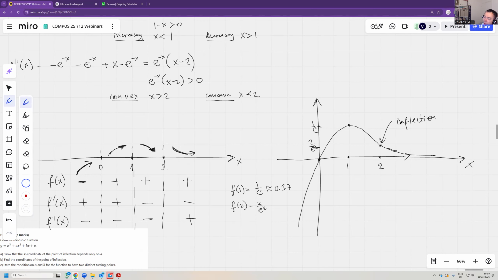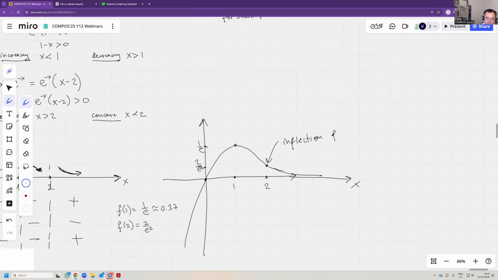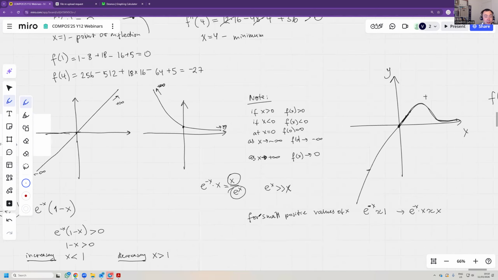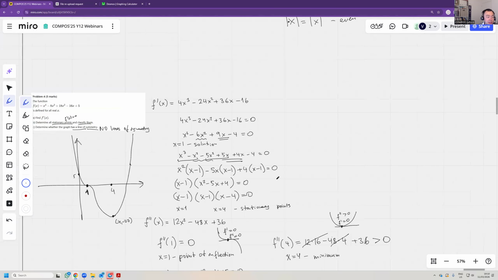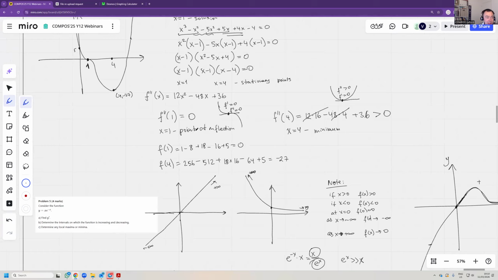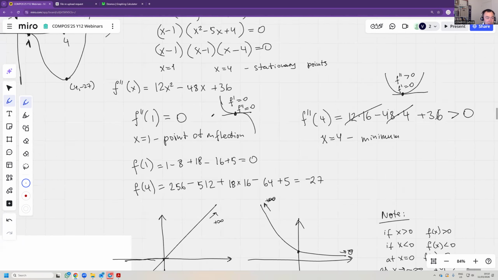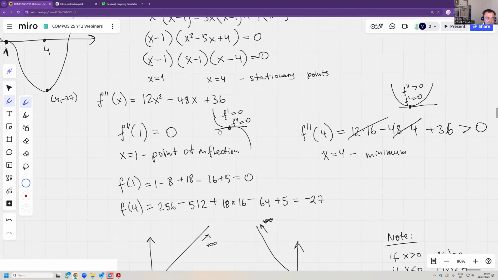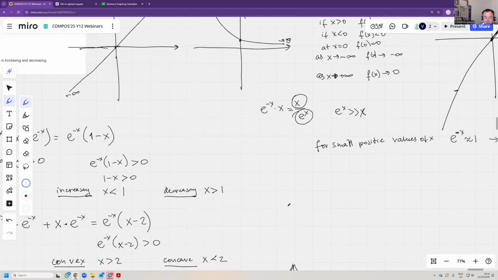Now, note that for a point of inflection, inflection only means the second derivative is 0. It does not mean that the first derivative won't be 0. The first derivative can be anything. I think I've mentioned this earlier and I wasn't clear. Inflection is where the concavity changes.